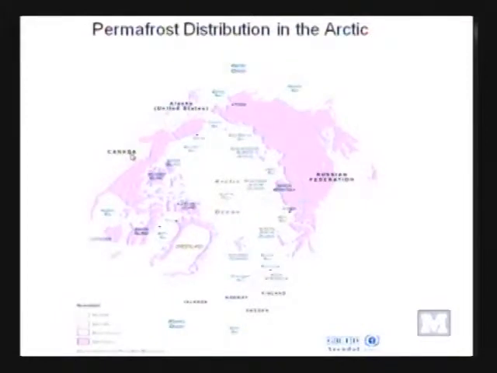Any water that's present in the sediments or in fractures will be in the form of ice. And the colors here show the areas that are what we call continuous permafrost in the dark purple, and then in various stages of discontinuous or patchy permafrost further south.